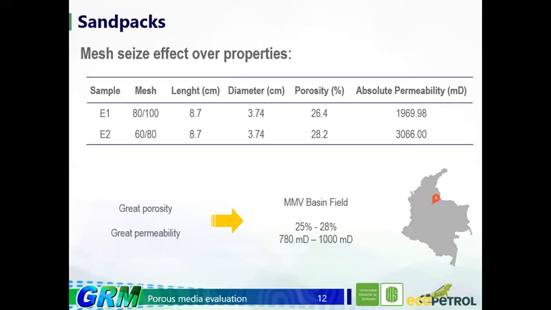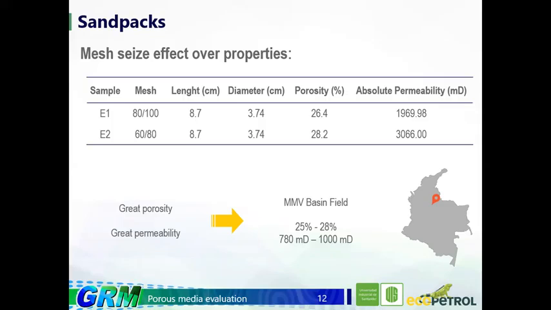Also, an investigation was made related to the mesh size effect over other properties, in this case the porosity and absolute permeability. We varied the mesh size: the first one is 80 to 100, and the second one is 60 to 80.